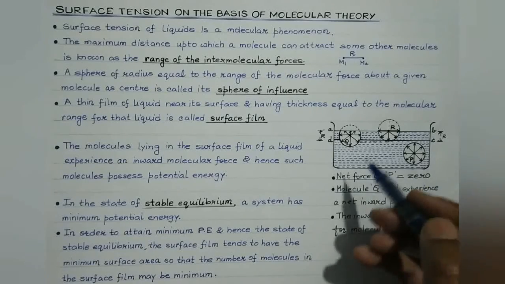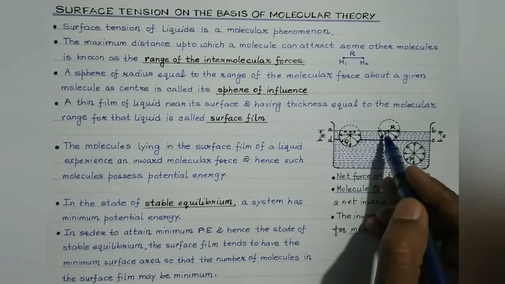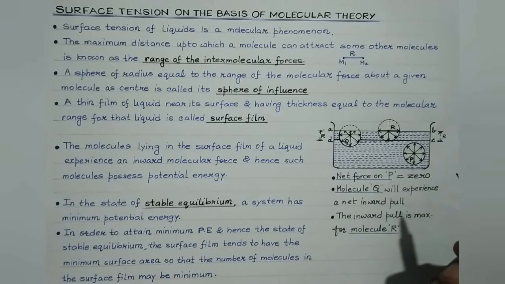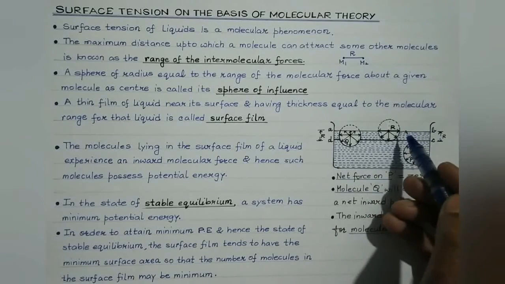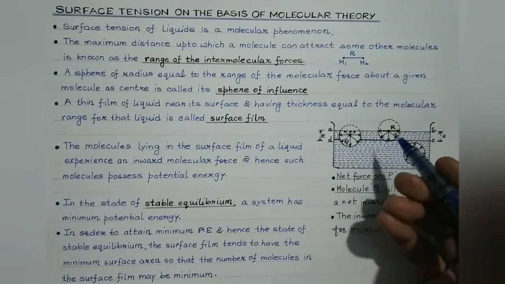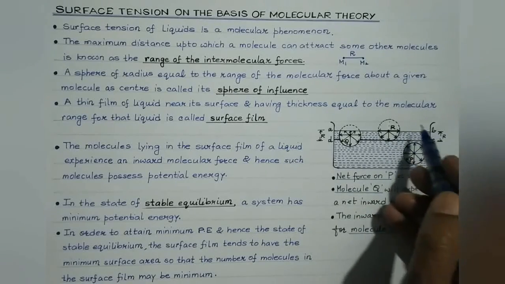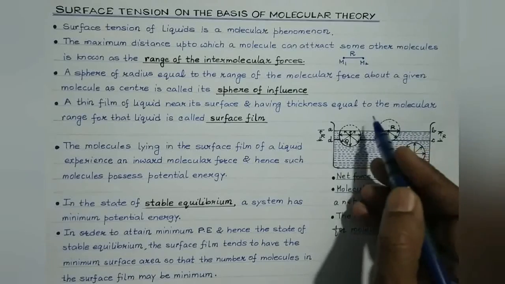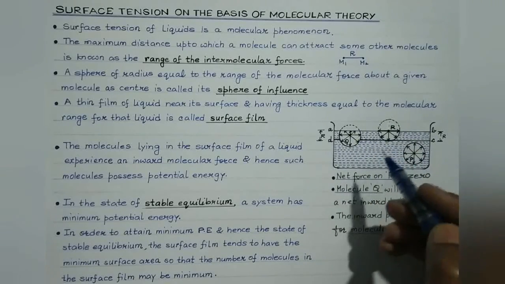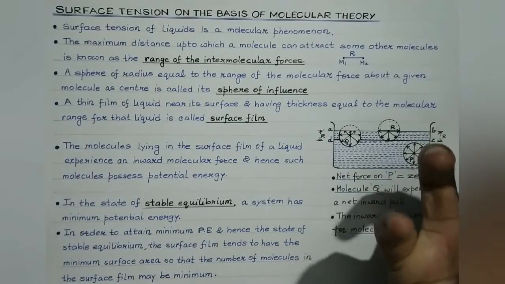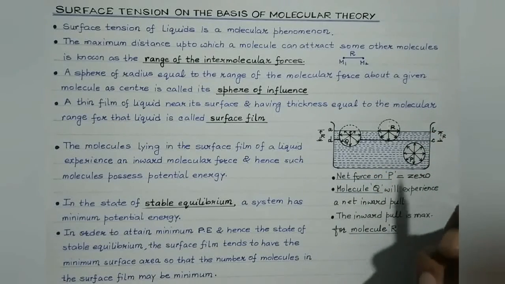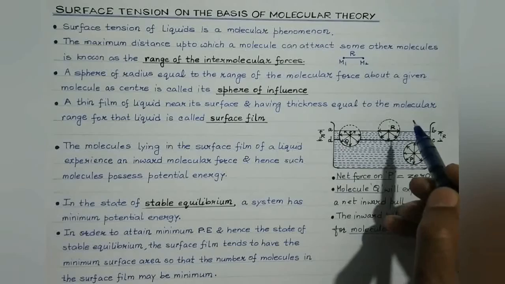But we are aware the molecules on the liquid surface possess maximum potential energy, isn't it? So in order to attain minimum potential energy, what the surface film does is, it tends to have minimum surface area. So it contracts. It acts like a stressed membrane so as to occupy minimum surface area.